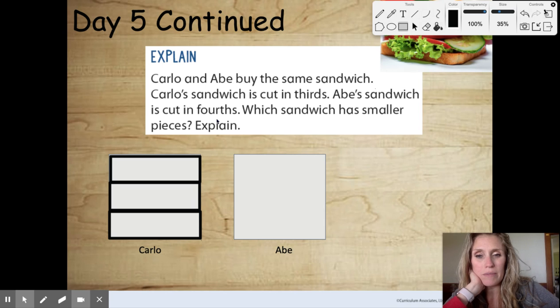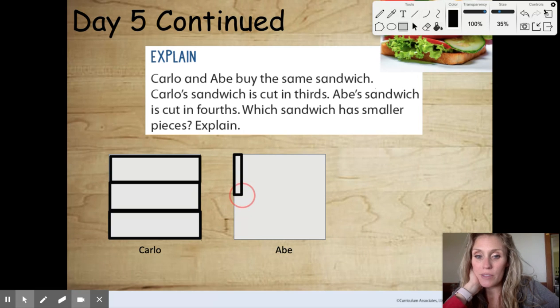Helpful thing I'm thinking is it would be helpful if you cut it similar so you could see how the parts kind of are different in size. Because what are we trying to solve? Which sandwich has smaller pieces? So I'm going to kind of keep the same way I cut Carlo's. I'm going to do Abe's, but in fourths.